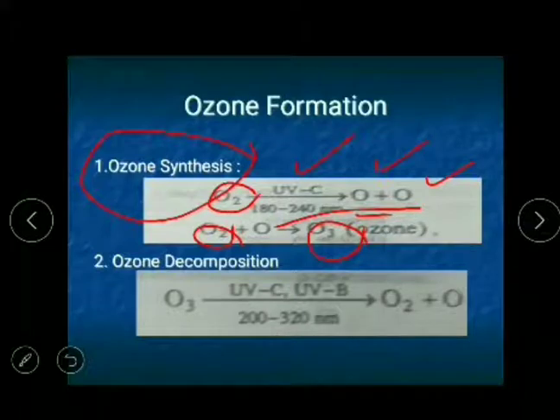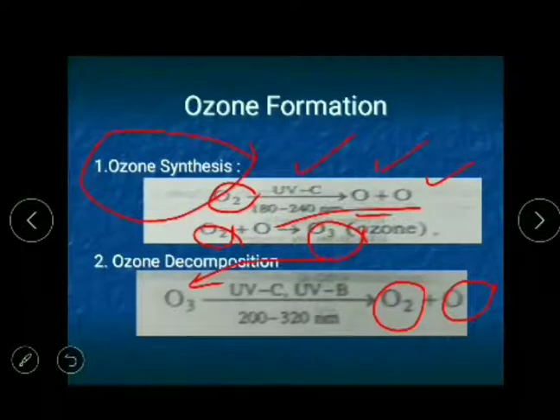In another part, this ozone molecule which was formed gets split up into one oxygen molecule and one oxygen atom with the help of ultraviolet C and ultraviolet B radiations having a wavelength from 200 to 320 nanometers.